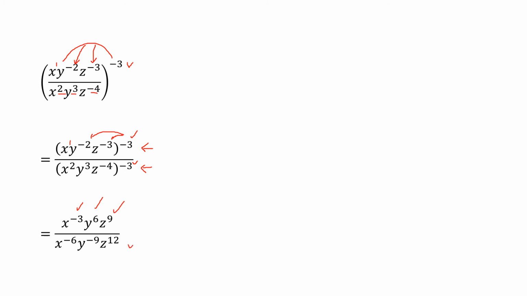The same here: -12, -9, and -6. Now we are ready for division. Because it is x and x can divide x, we will do subtraction. Subtraction will change this sign into plus, and this sign is plus, so subtraction will change it into minus.